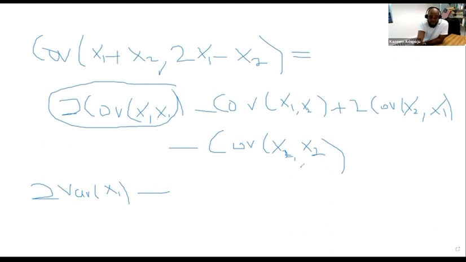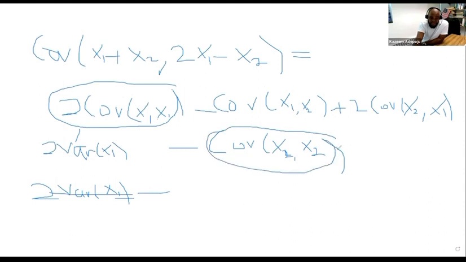And like I said here, don't forget, this is going to be 2 variance of x1, because the covariance of x1, x1, and this guy here too is going to be variance of x2. But let me tell you, the covariance of x1, x2 is the same as the covariance of x2, x1.